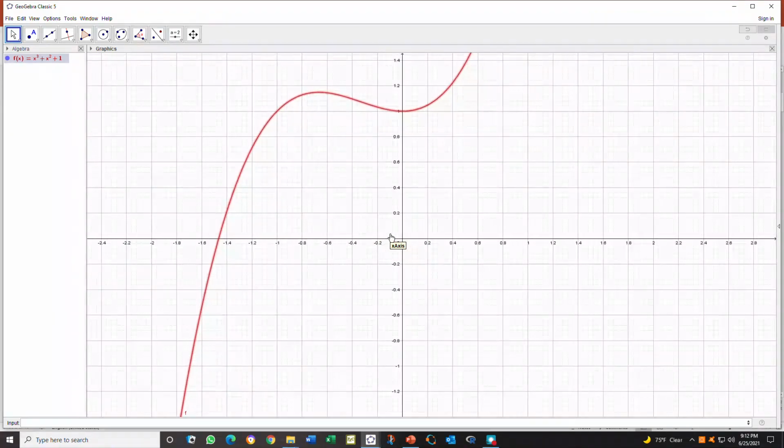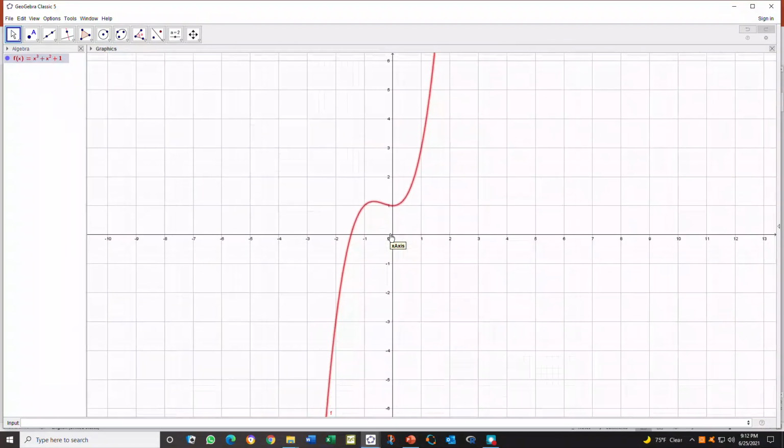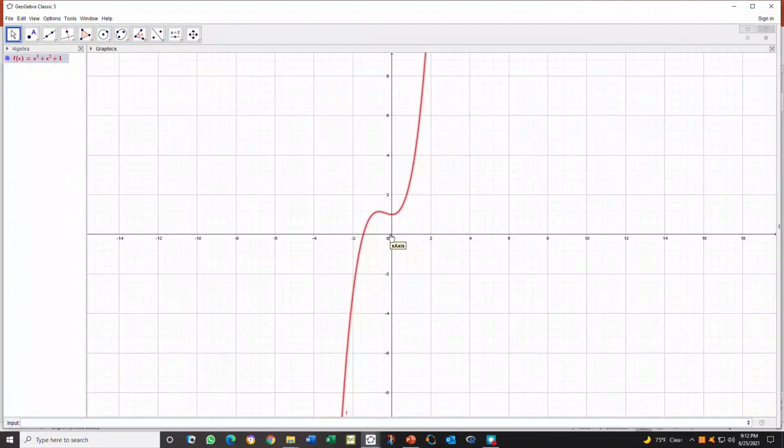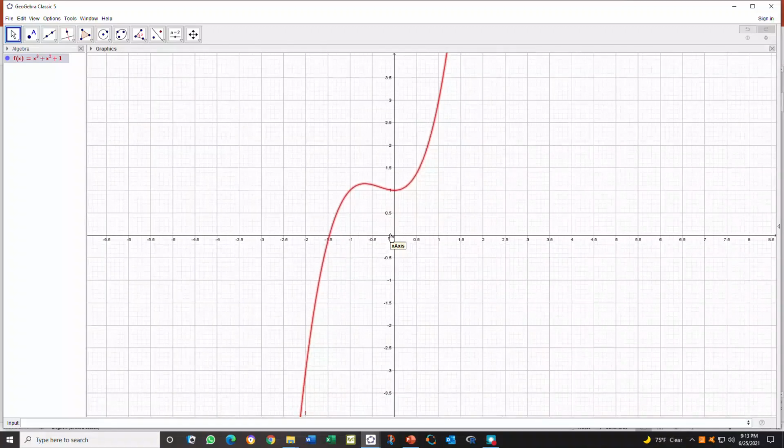A scroll up is zooming in, scrolling down is zooming out. So you get to see more of it, whereas if you zoom in, you can see a small portion, but in greater detail. That's the idea. It's as simple as that. Look at how simple it is to draw a graph.